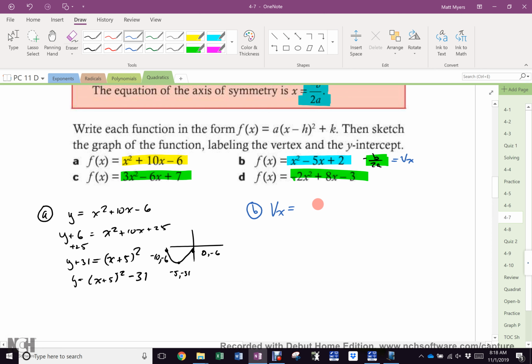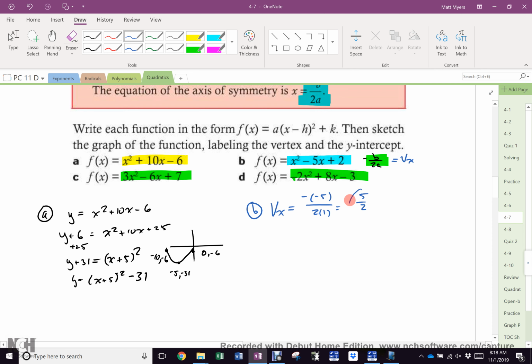I'm going to write it all out. Negative 5 over 2 times 1, which is 5 over 2. Still difficult to work with because now x is a fraction, right?